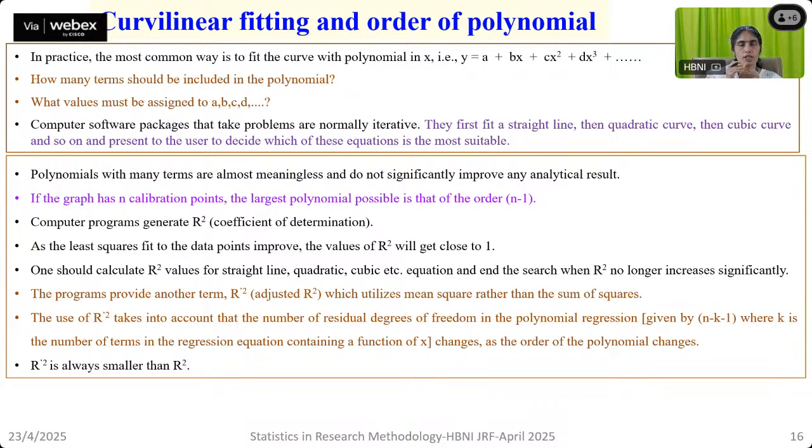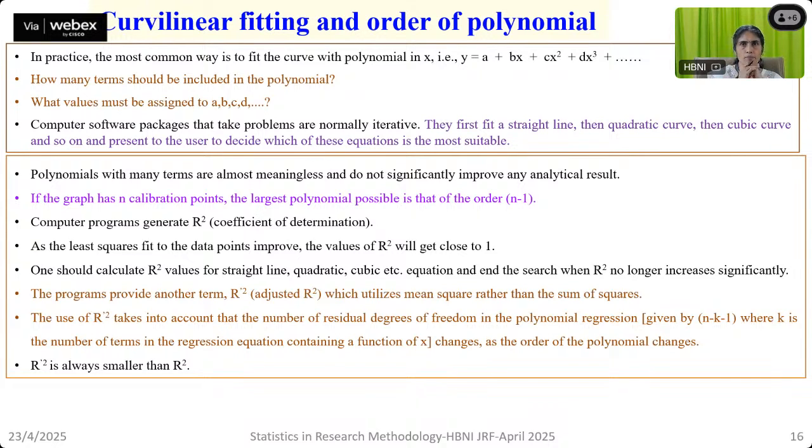What we essentially do is go on checking the improvement in the R square value, and as it becomes closer to unity, you say that the fitting is more appropriate. But beyond a certain point, you will see that there is only a marginal increase in the R square value. So then the percentage increment in R square will decide whether you should go for higher order polynomial fitting or not.